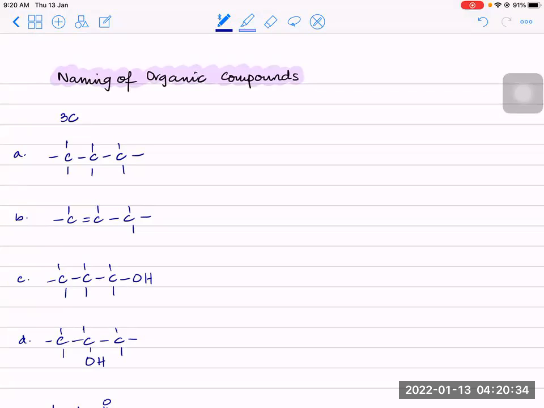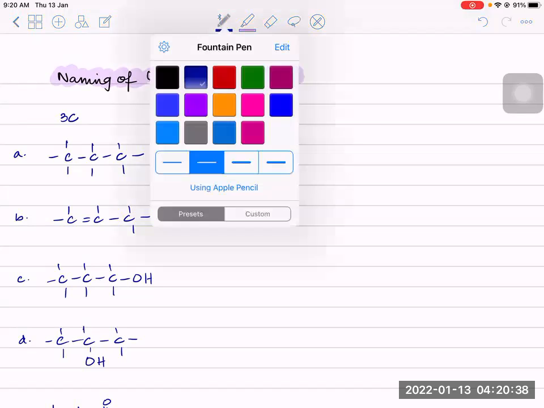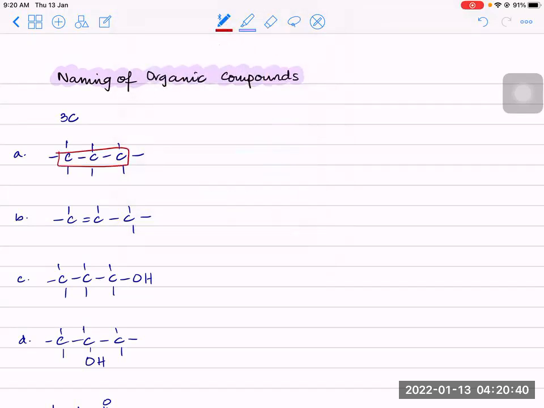Let's now name them. So this right here, the first one is a 3 carbon. If you can see, all carbon-carbon bonds are single. So 3 carbon alkanes, this would be called what? Propane. Then you have a 3 carbon alkene. This would be called what? Propene.